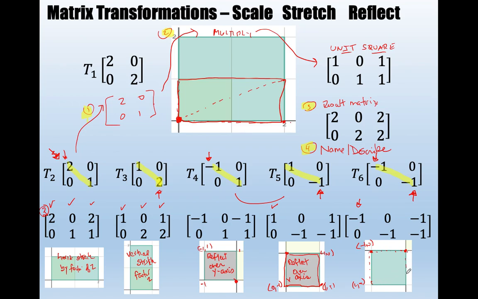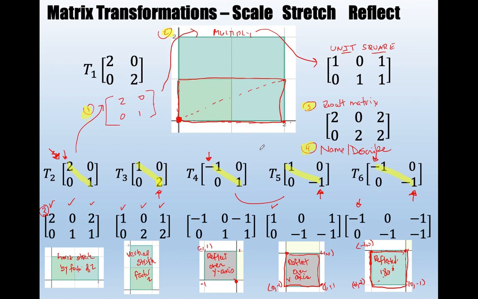Whoops, sorry, it's over here. 0, negative 1. And then I have negative 1, negative 1. So connecting all of those tips with the origin, I get a square that has been rotated 180 degrees.